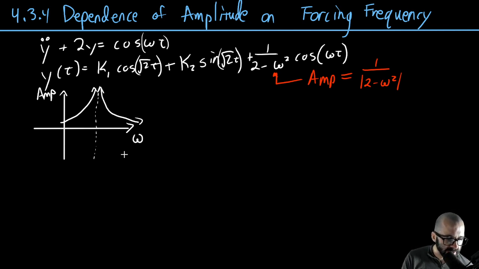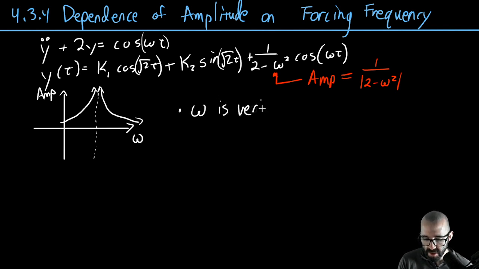What we can say is that if omega is close to the square root of 2, something really happens. But let's first talk about if omega is not. If omega is very large, and notably very large, really what I care about is that it's far away from the square root of 2.